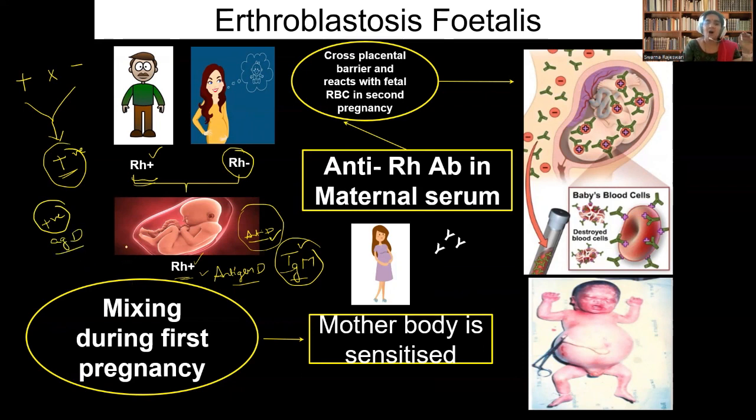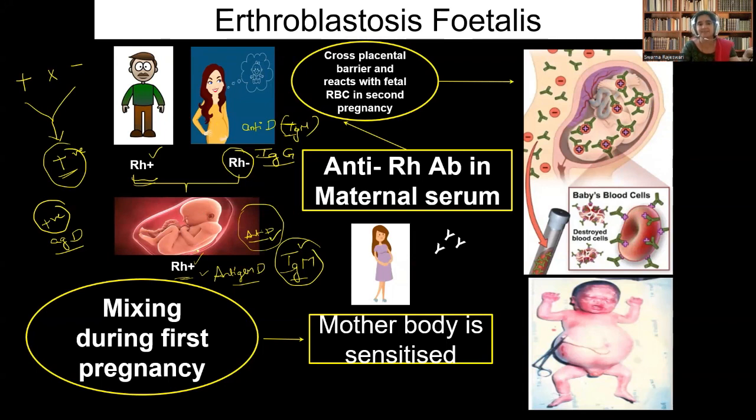Already the mother has anti-D in the form of IgM. But during the second time, again the mother is exposed. So now the body starts producing even IgG type. So the IgG antibodies cross the placental barrier and enter into the fetus.